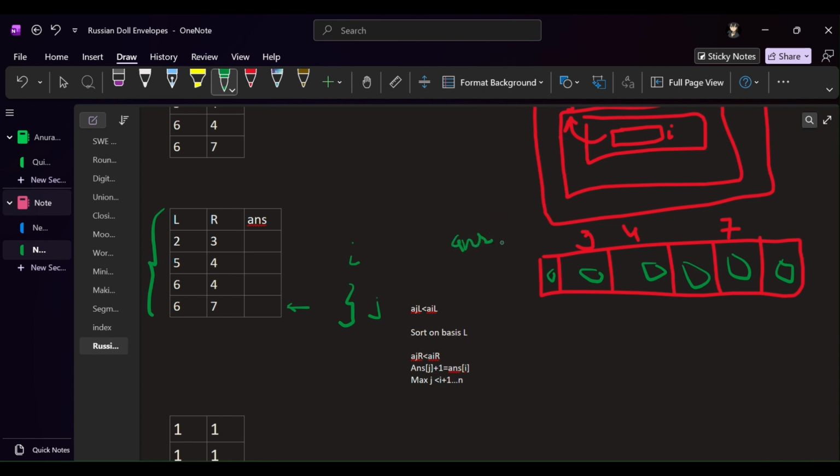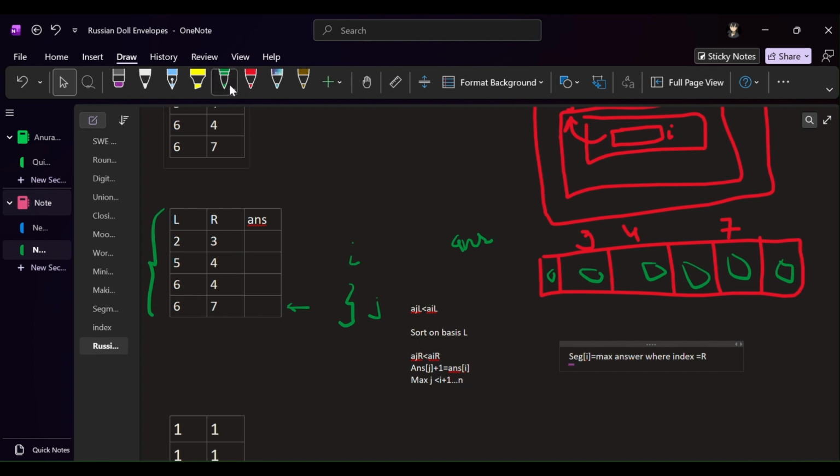The segment tree stores seg of r, which is going to be the max answer where the index is r. So for each r we are going to update the corresponding r index with the answer.